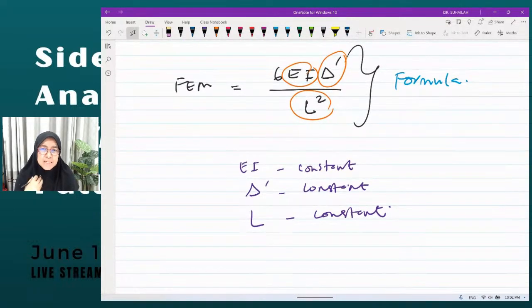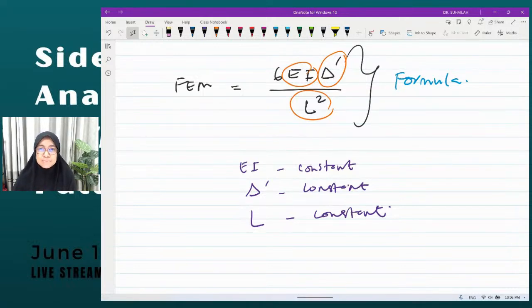If everything is constant, EI for AB and EI for CD are the same, delta for AB and CD is the same constant value, and L for AB and CD is 5 meters.